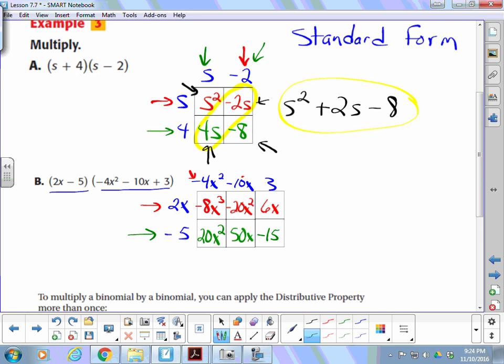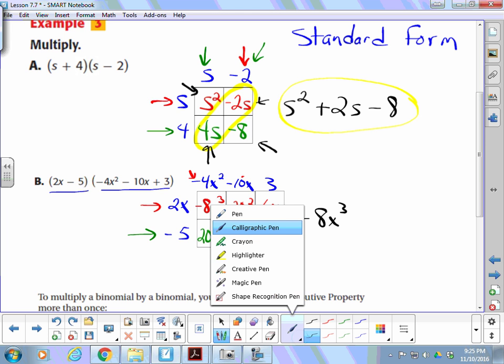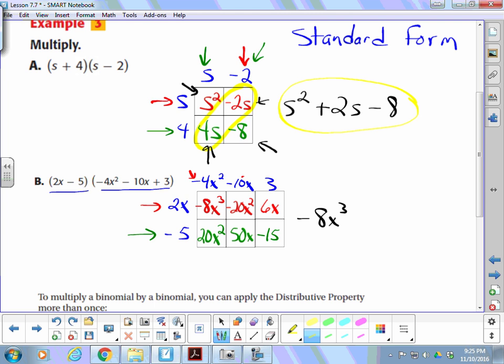All right, so the nice thing about this table method is that once again, it lines up the like terms on a diagonal. So we start in the upper left-hand corner, and we have negative 8x cubed. That's going to be the first term of our answer. The next term in our answer is going to be this diagonal here. I have a positive 20x squared and a negative 20x squared.